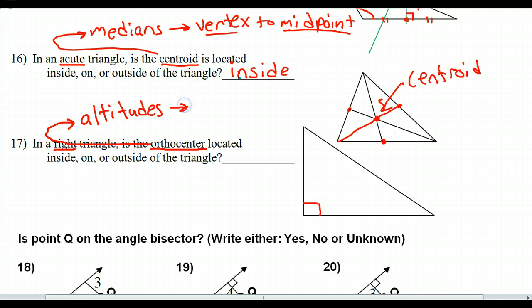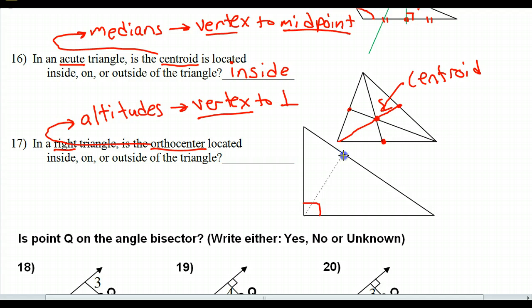And altitudes go from a vertex, but then they have to be perpendicular. Vertex to perpendicular. So, for example, here would be an altitude. The easiest one for me to draw is the one from a vertex, and then it's got to be perpendicular.